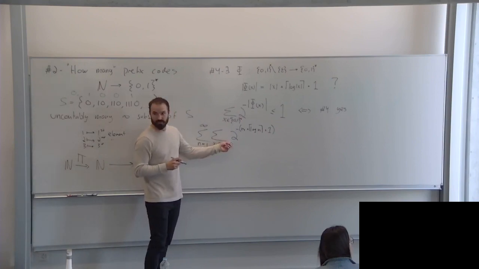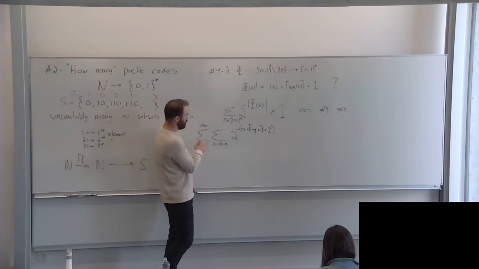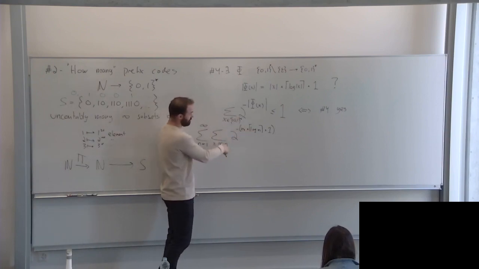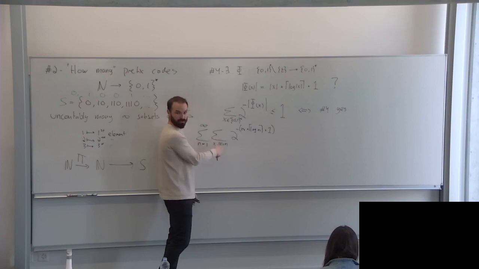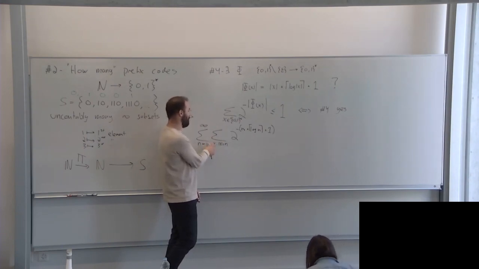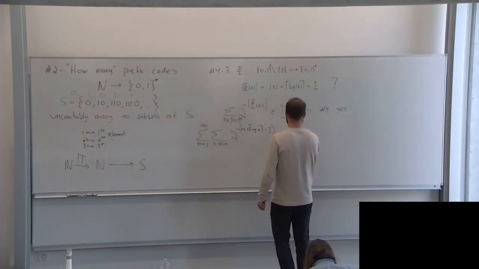That sum is independent of x. So I sum over all n, I sum over all x, something that does not depend on x. So this sum creates a number, the number of times that I sum here. And that number is 2 to the n, because there are 2 to the n strings of length n.